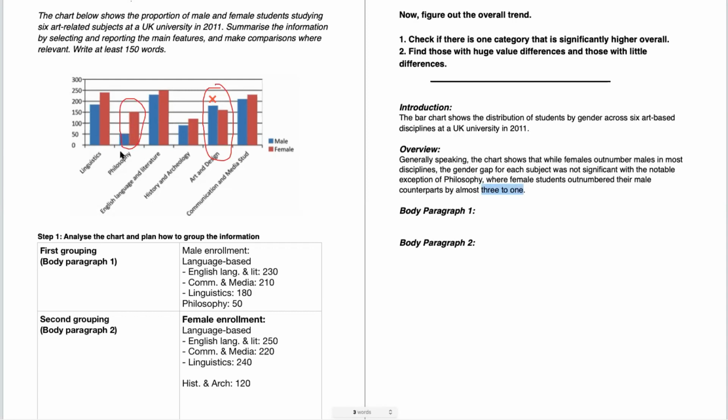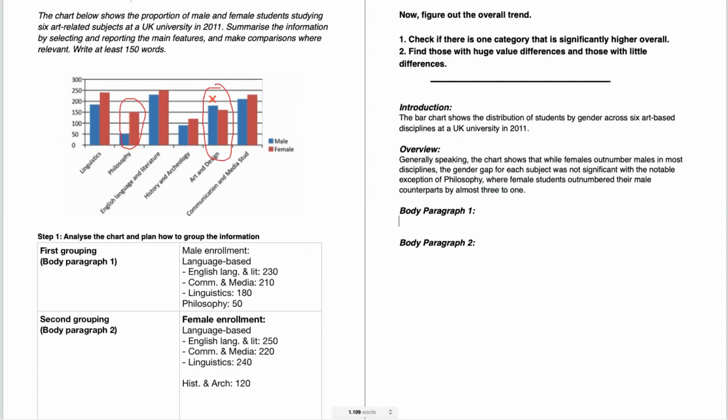And so basically I've just divided 150 by 50 and I've gotten 3. So I'm no math whiz, I am an English teacher, but you can use this to see the ratio, and that is why I've put 3-1 instead of any other percentage or using 150 versus 50. So that is my overview. That is the general trend.